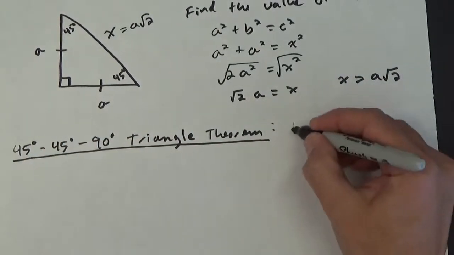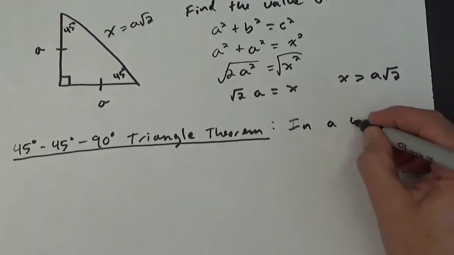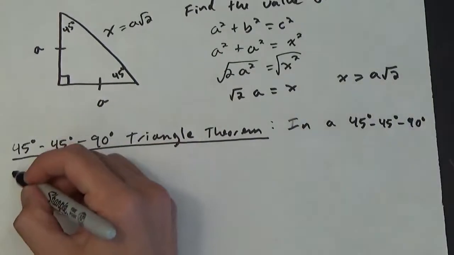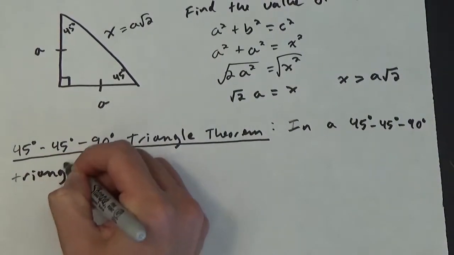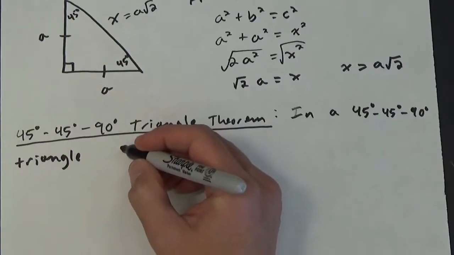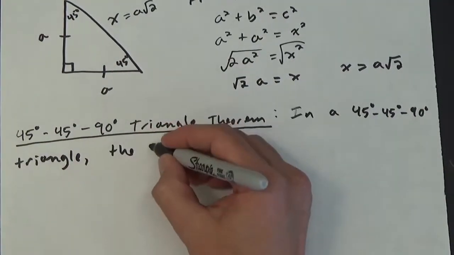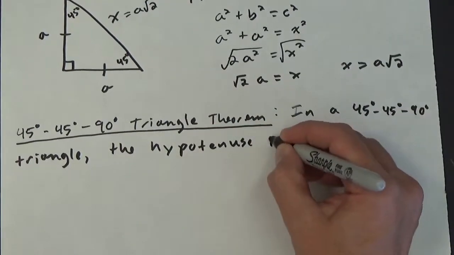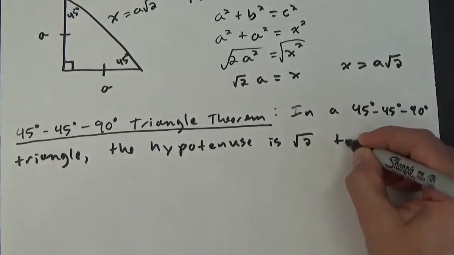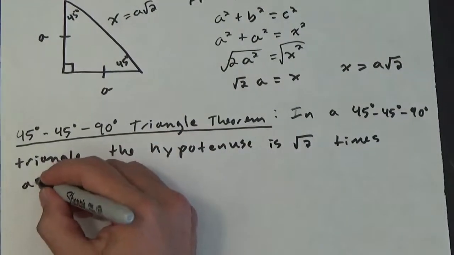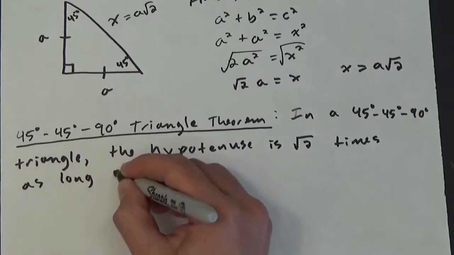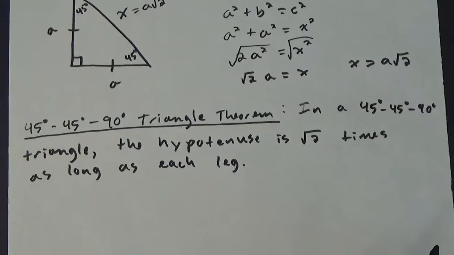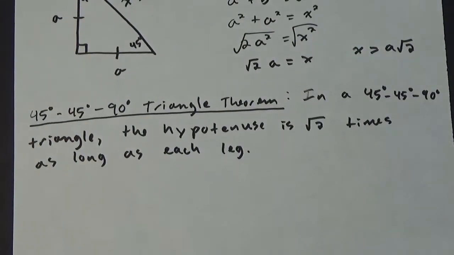And this theorem states in a 45, 90 triangle, the hypotenuse is the square root of 2 times as long as each leg. And there you go. Simple enough.